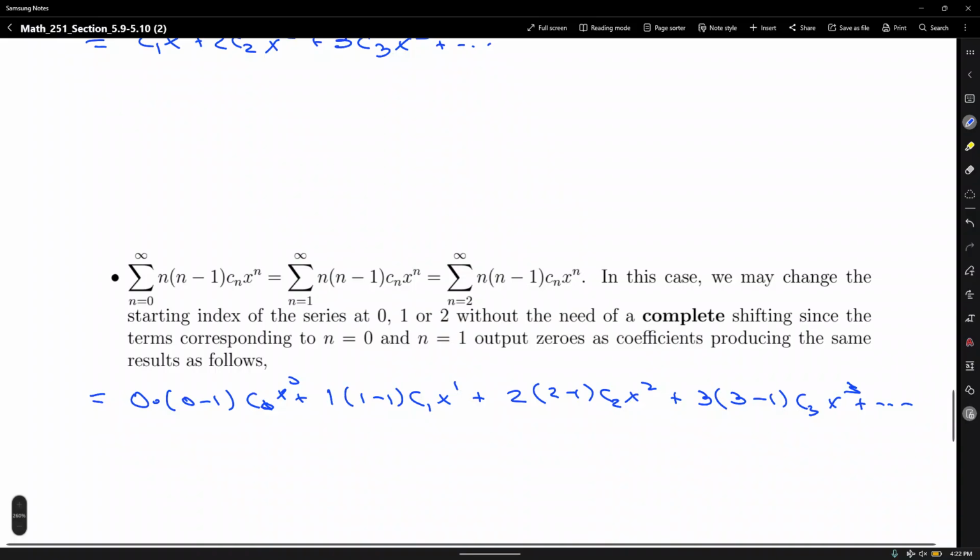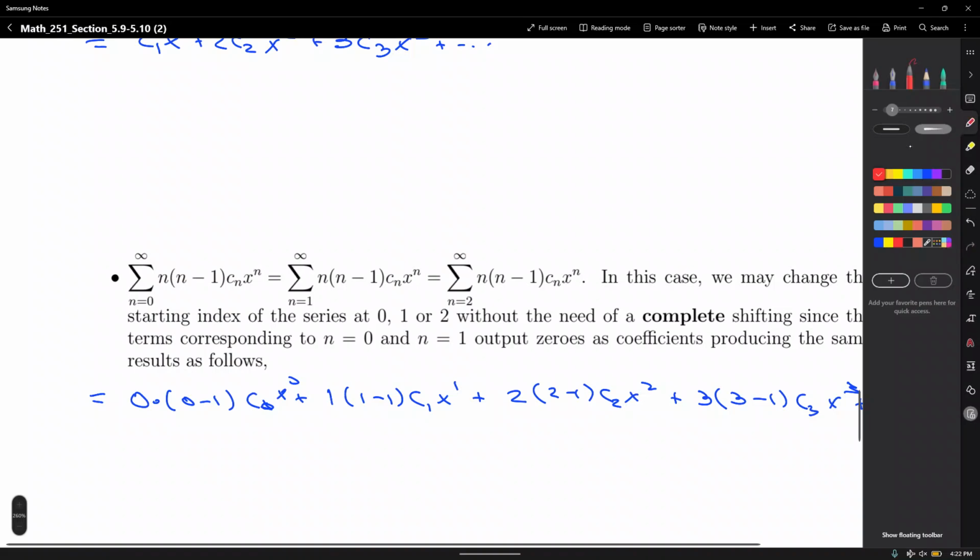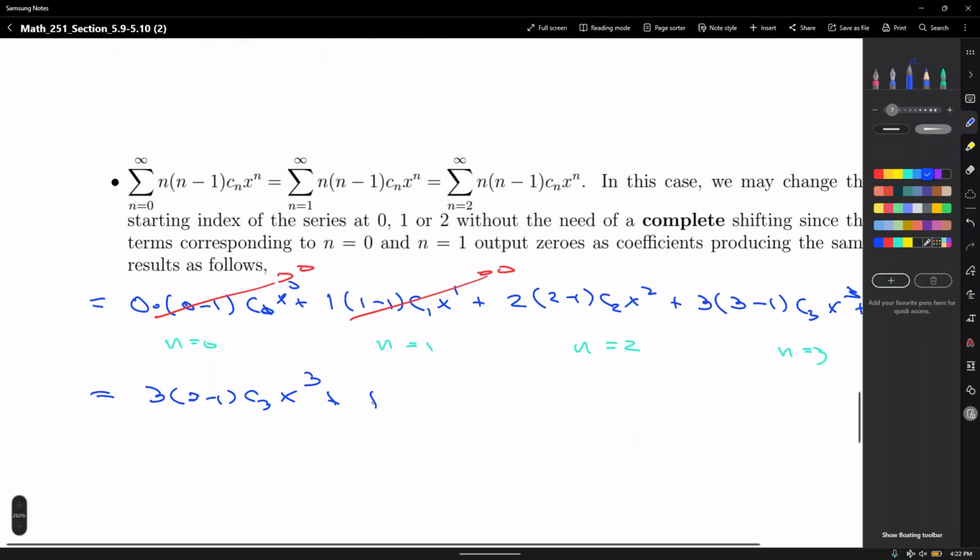But again, do you see what happens with the terms related to n equals 0, n equals 1, n equals 2, n equals 3? They vanish to 0, right? So the result would be 3 times 3 minus 1, c sub 3, x cubed, plus 4 times 4 minus 1, c sub 4, x to the 4, plus etc., right?